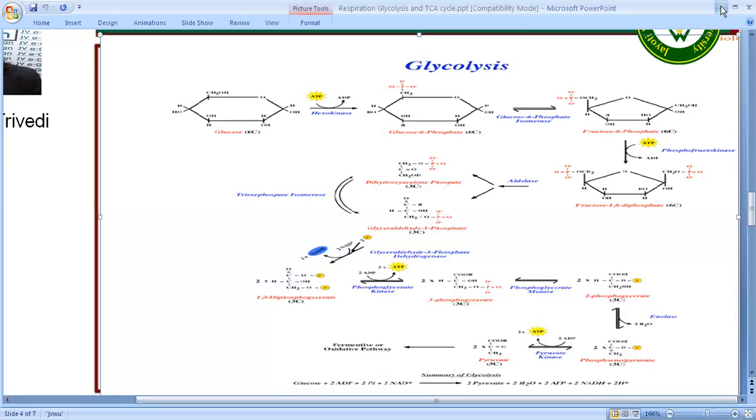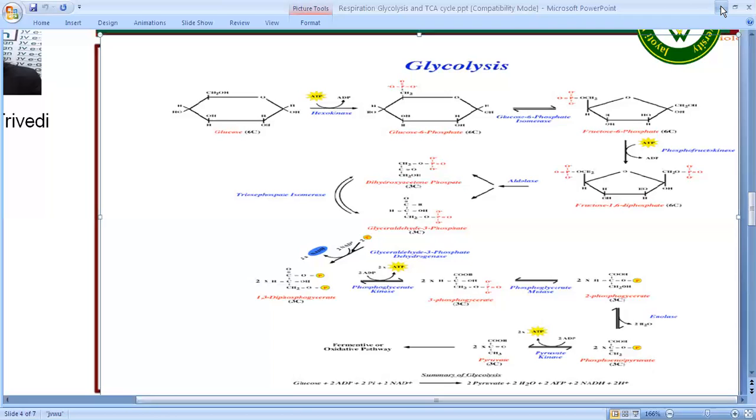Now what happens to the 3-phosphoglycerate? It is isomerized into 2-phosphoglyceric acid in the presence of enzyme phosphoglyceromutase. Now this 2-phosphoglycerate is again converted into phosphoenol pyruvate plus water, in the presence of enolase.